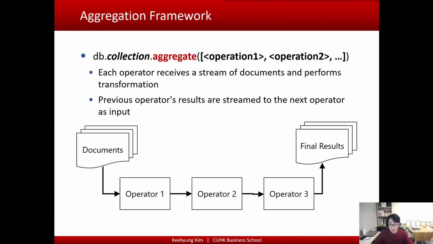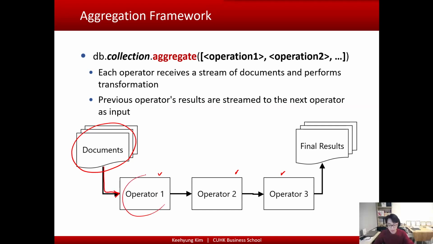So earlier I mentioned that we are creating a pipeline of operations in MongoDB by utilizing the aggregation function. Basically, it's like this. Each operator will receive a stream of documents and perform a transformation. So let's just say that in the aggregation function, we specify three operations: operator one, operator two, operator three. Then inside the collection in the beginning, there are multiple documents, right? These documents will be sent to operator one.